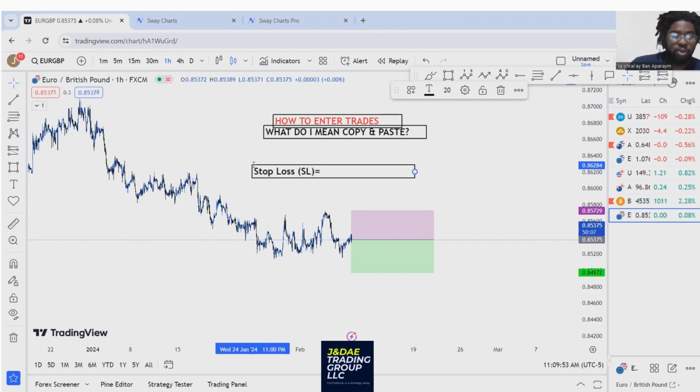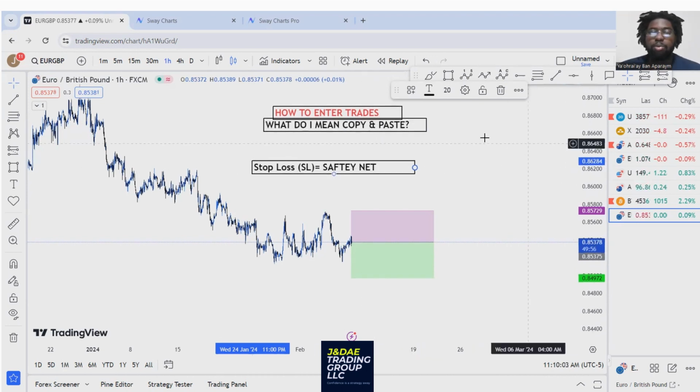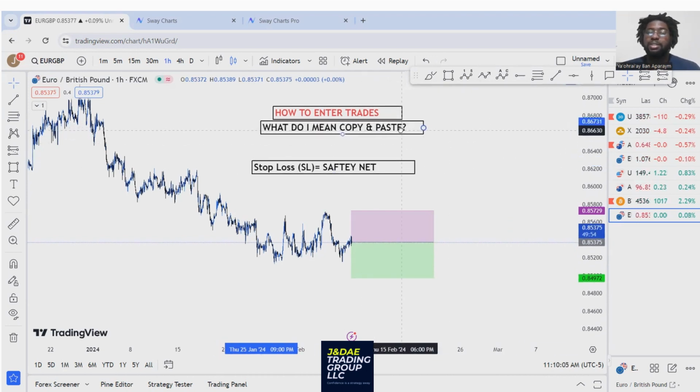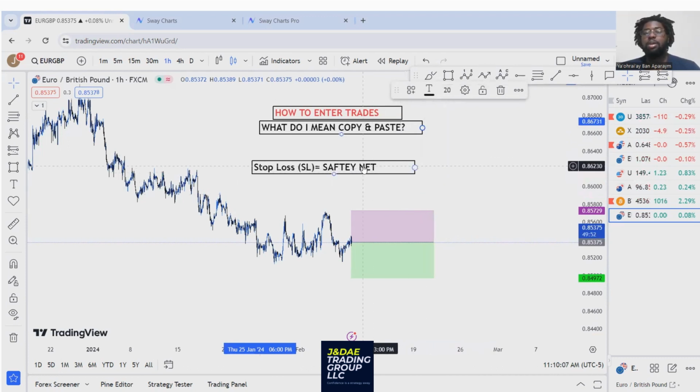That is your safety net, right? And what do I mean by that? If price decides not to go in the predicted or expected direction, once price hits your stop loss, you will automatically close out with the amount that you wanted to risk, essentially.